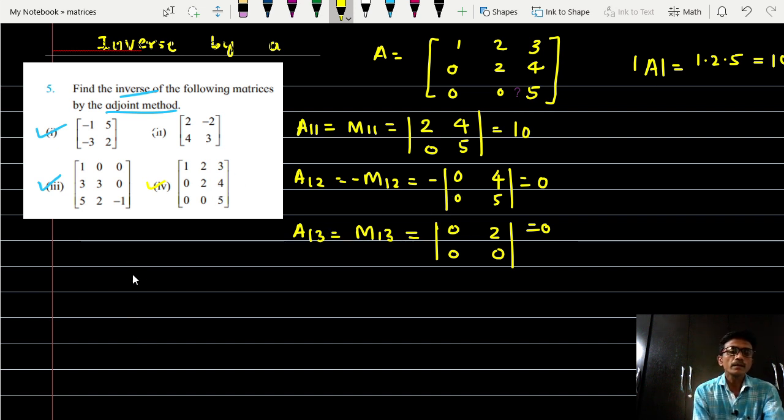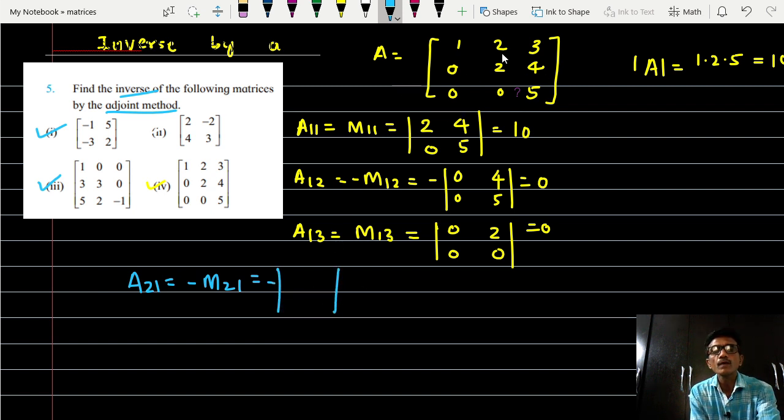Now next, A21 is equal to minus of M21, which is the value of the determinant, negative here. Second row and first column, we delete: 2 3 and 0 5, which is 10 minus 0, but with the negative sign here, minus 10.